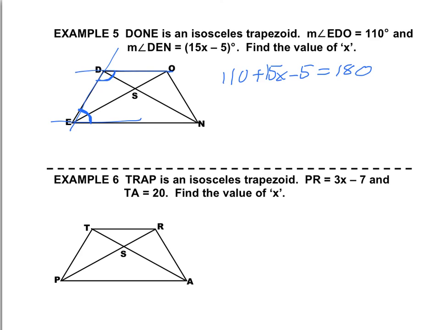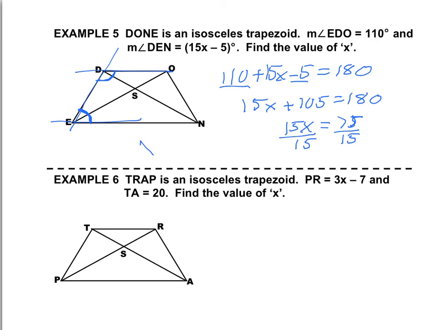Let's put our 110 and our minus 5 together. So I've got 15x plus 105 equals 180. Now I've got 15x equals 75 by subtracting the 105 on both sides. And then we divide by our 15 to get x equals 5.